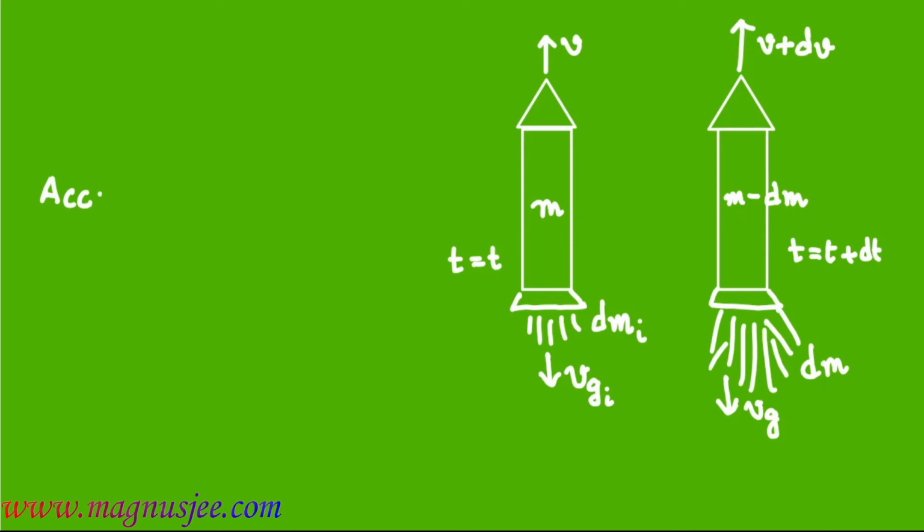Now we can draw the diagram of the rocket here at instant t equal to t, and at instant t equal to t plus dt.